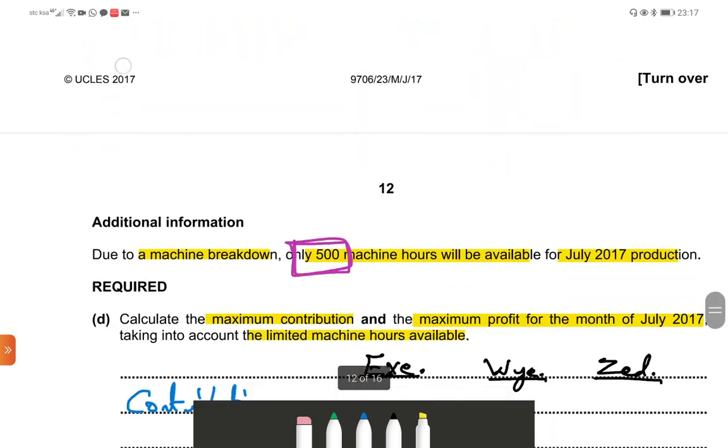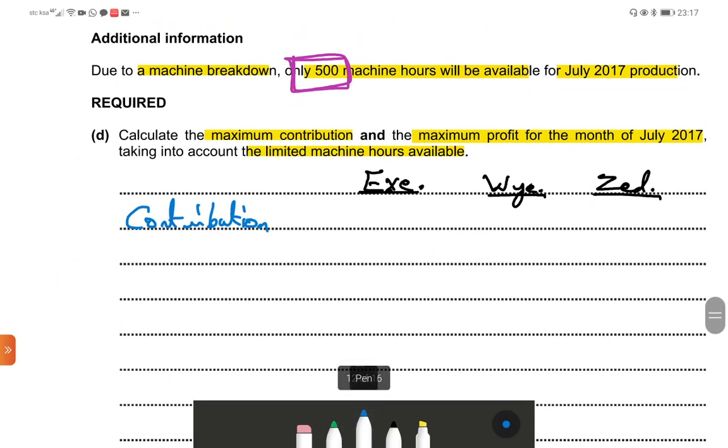So first we do contribution. Contribution is equal to 41.60, 56.80, 44.80. So here the machine hours are limiting factor. So contribution divided by machine hours.